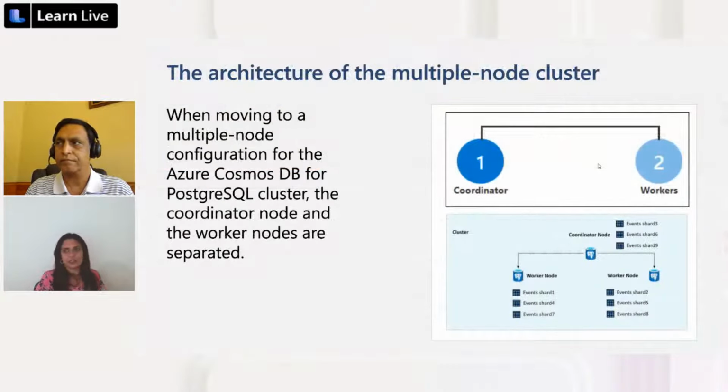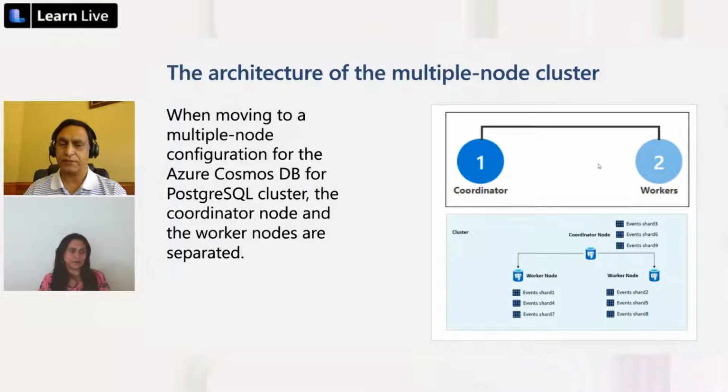This is the architecture of the multi-node setup, where you have the coordinator node and two worker nodes, and then, like I said earlier, all the actual processing takes place on the worker nodes. So what's the difference between what you're seeing here and what we saw in a single node?